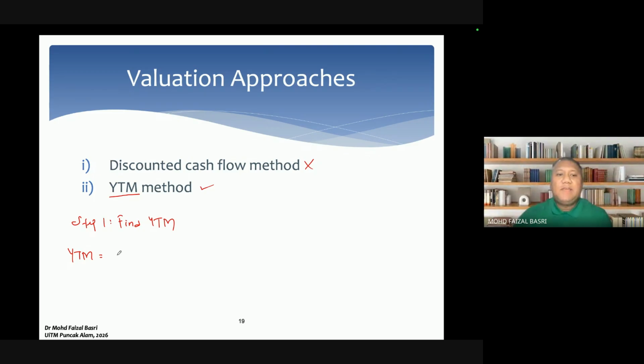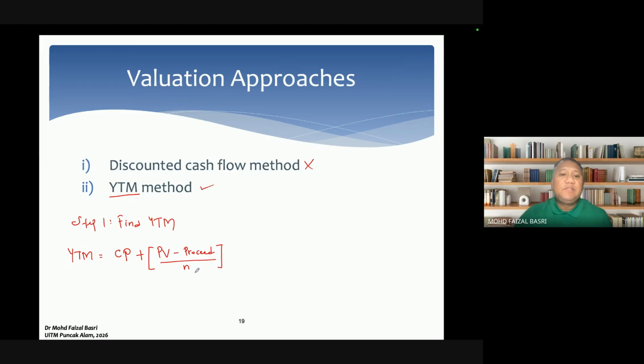Okay, so YTM equals to the coupon payment. So I akan tulis sekejap lagi setiap satu tu kat atas. So coupon payment. And we're going to plus with the par value minus proceeds. And we're going to divide by N. So what is N?